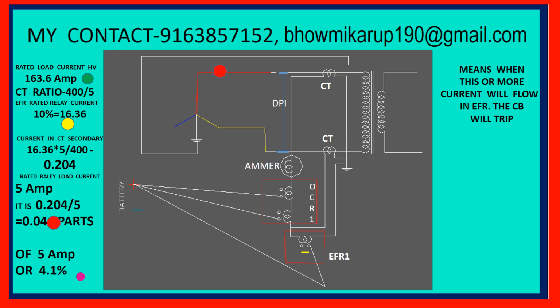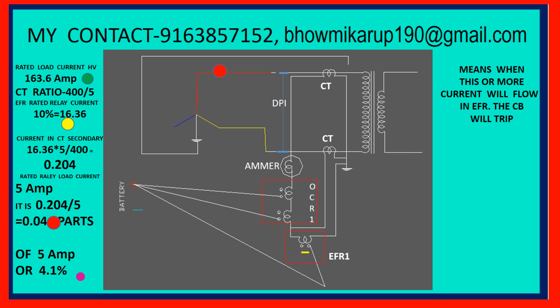It has been seen that normal load current, or permissible overload current, will flow and it will not enter the earthfault relay, as long as there is no earthfault on the 132 kV side.